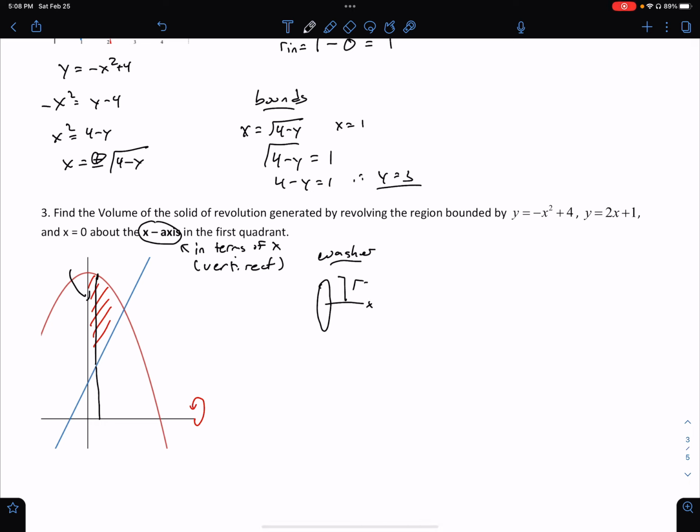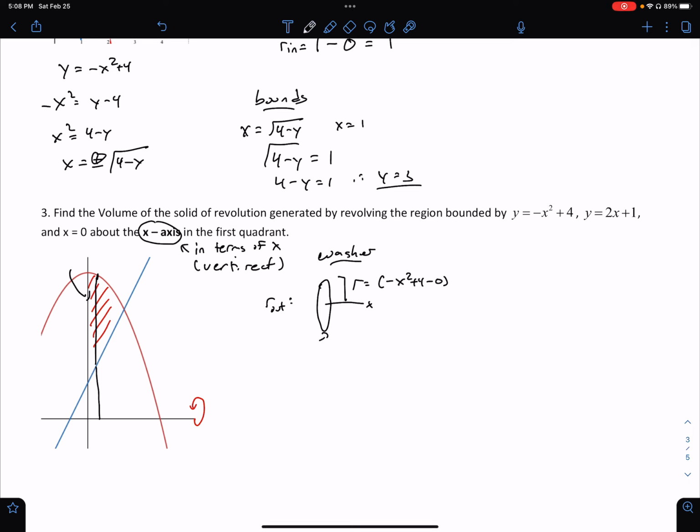To get the radius of that first one, this would be like the radius of our outside. To get that radius, we would take the top function, which is a parabola, minus the very bottom of that rectangle, which is our axis of revolution, always, x equals 0. So this is going to give us negative x squared plus 4 minus 0.